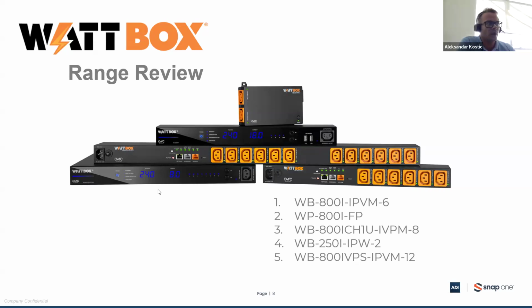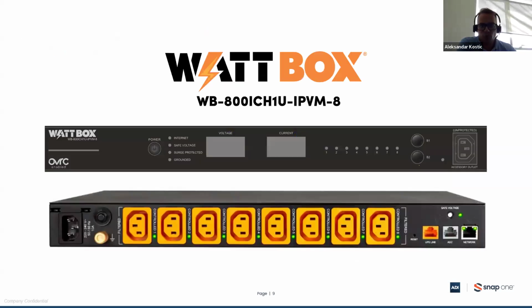So let's start with the model which is the most popular. This is the 8 power outlet WattBox, and this is the model which we sell the most. It has a built-in display, as you can see on the front side, and that is the only model with a built-in display. There you see status LEDs for internet, safe voltage, surge protected, and grounded.